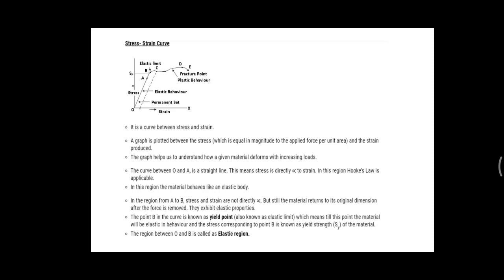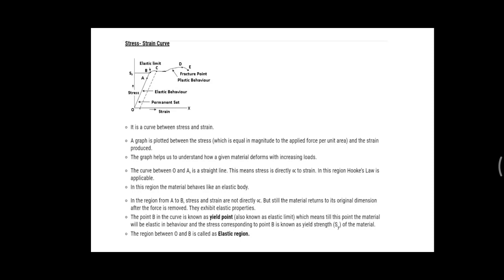Or else we can say how it reacts to the added load. The stress is taken on the y-axis and strain is considered on the x-axis.